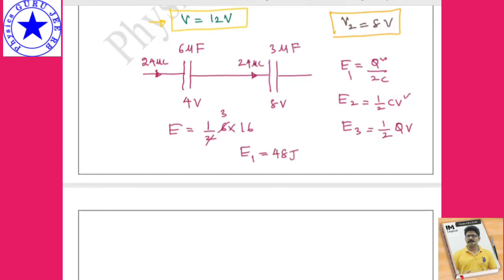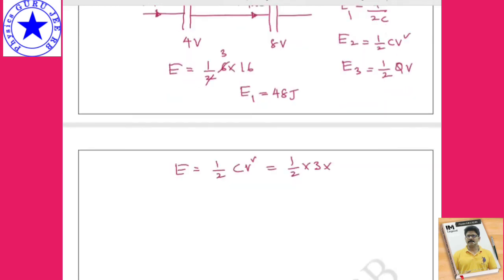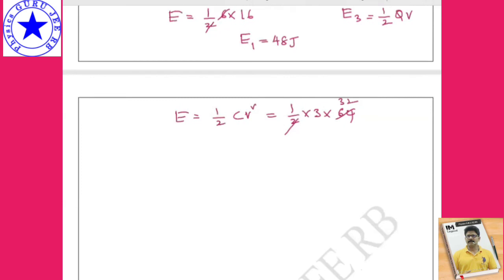Similarly, for the second one, if I take E equal to half CV squared, which is half into C, 3 microfarads, into V squared, that is 8 8 64. This is 132. So how much am I getting? Can you tell me? 96. Hope it is clear. Yes or no?